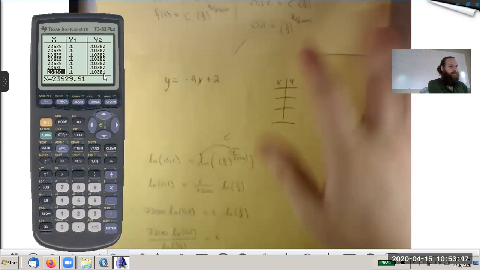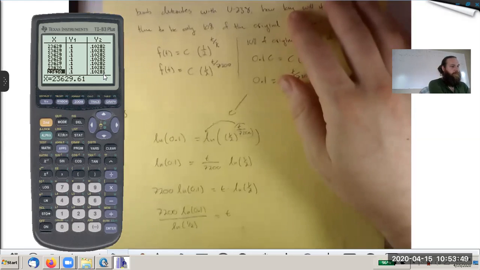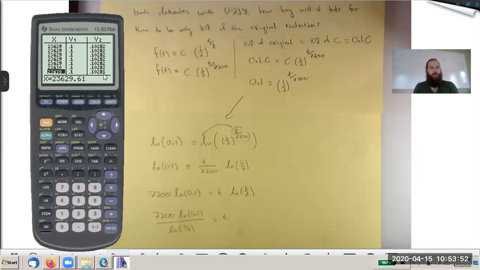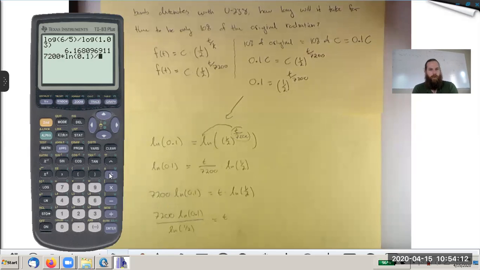So we can see exactly what that answer would have been by entering this number into our calculator. That's 7200 times the natural log of 0.1, and then I divide by the natural log of 1/2. And this is what I find.